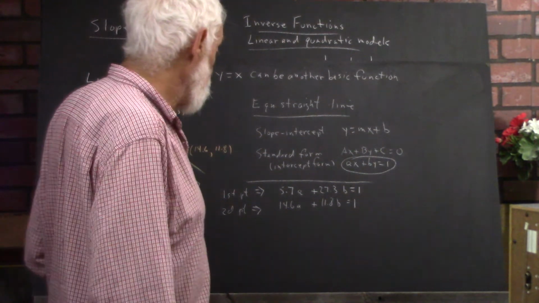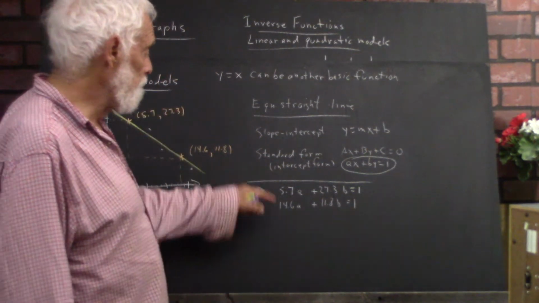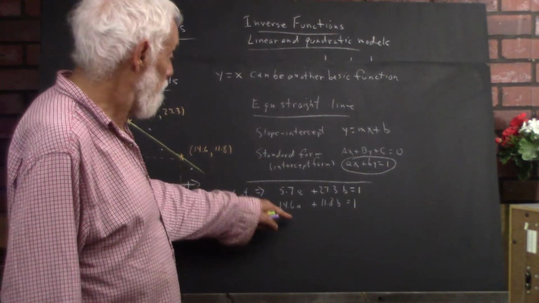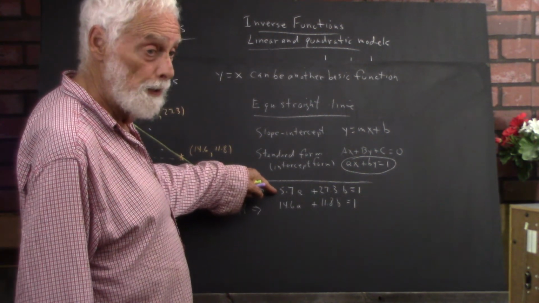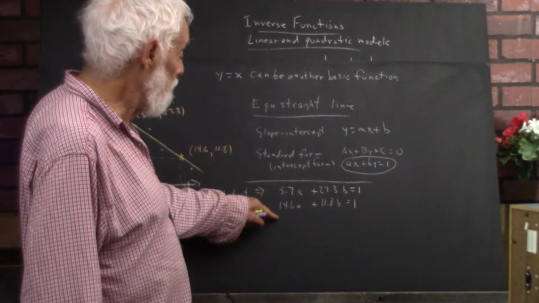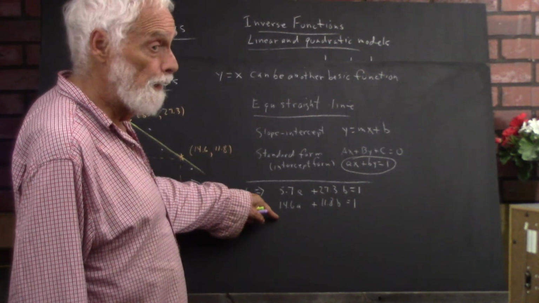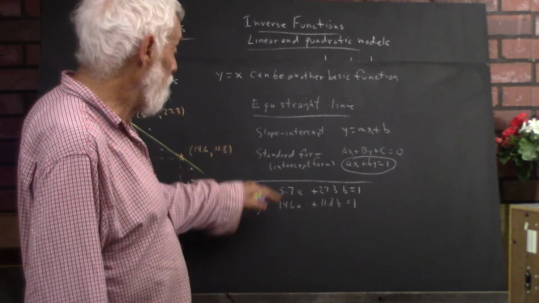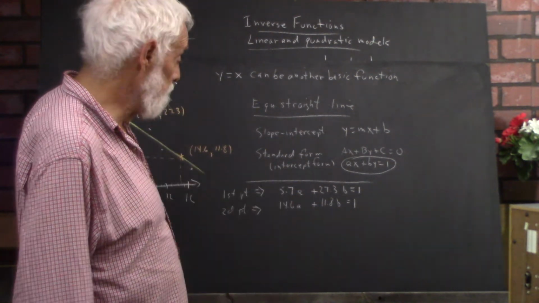You know that, for example, if I multiply the first equation by 14.6, then the coefficient of A will become 14.6 times 5.7. If I then multiply the second equation by negative 5.7, the coefficient of A is going to become negative 5.7 times 14.6.